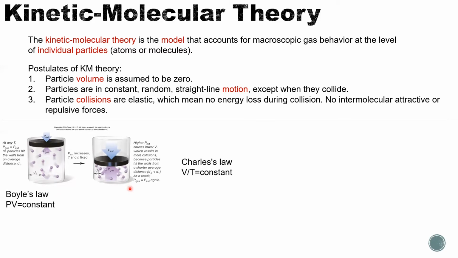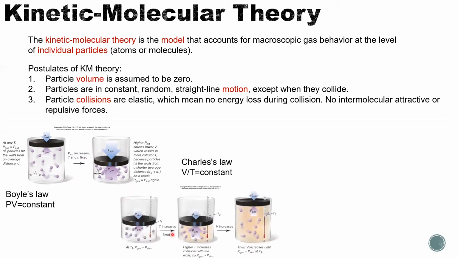For Charles's law, volume over temperature is a constant. Again, here we have this device. There's a plug. We trap some gas in the bottom part. And when temperature increases, these gas molecules will move freely and at a higher speed.